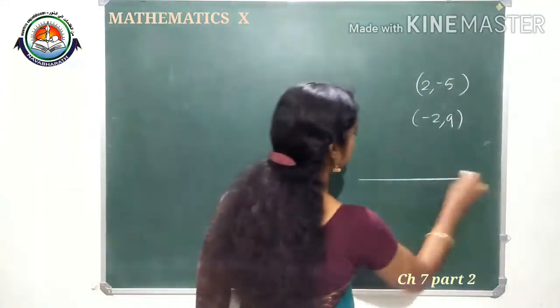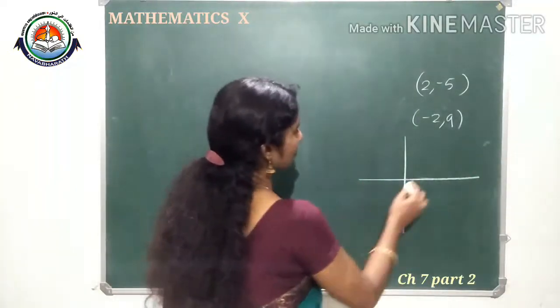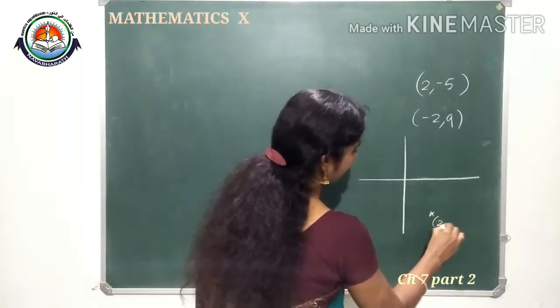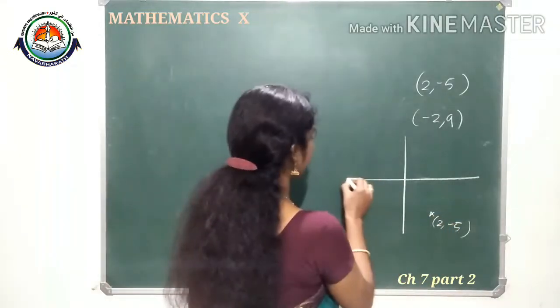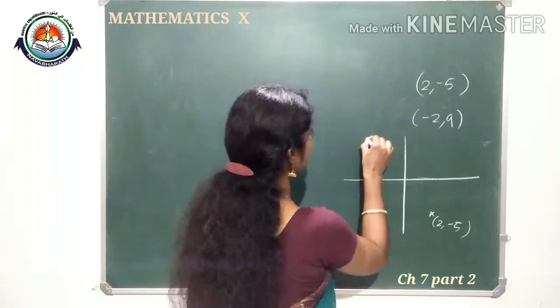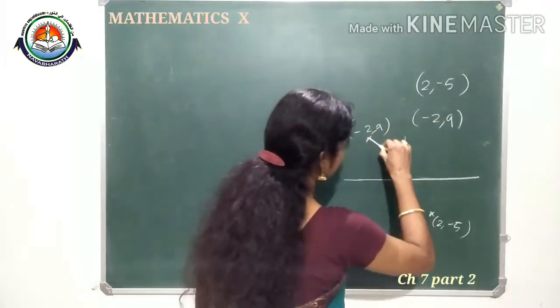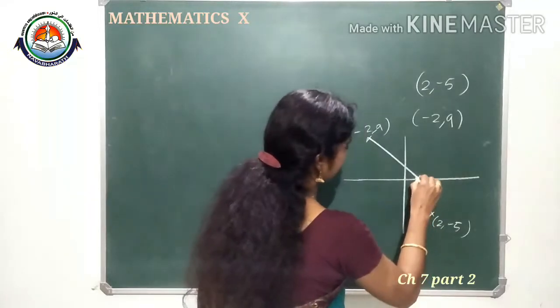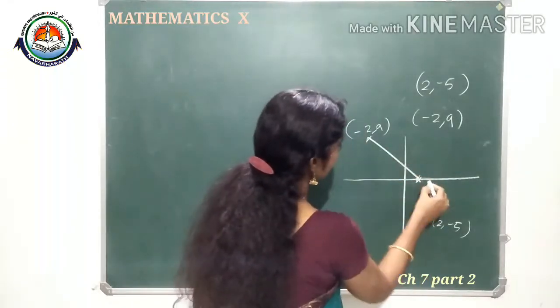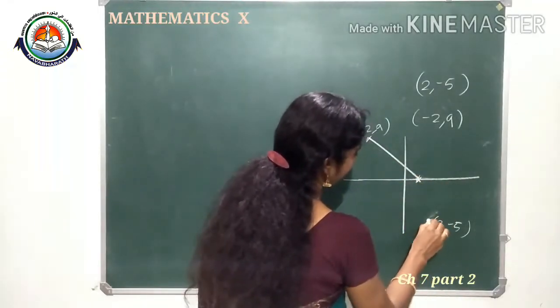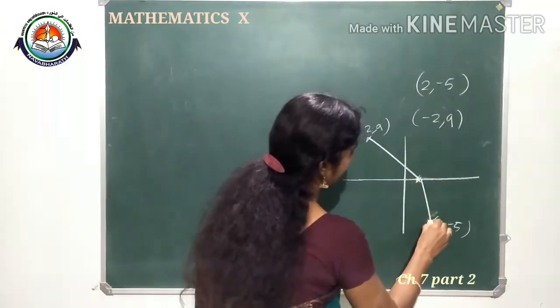That means from the x-axis, 2, minus 5 will be here, and minus 2, 9 will be here. And the distance from this one point on the x-axis to each of these is equal.